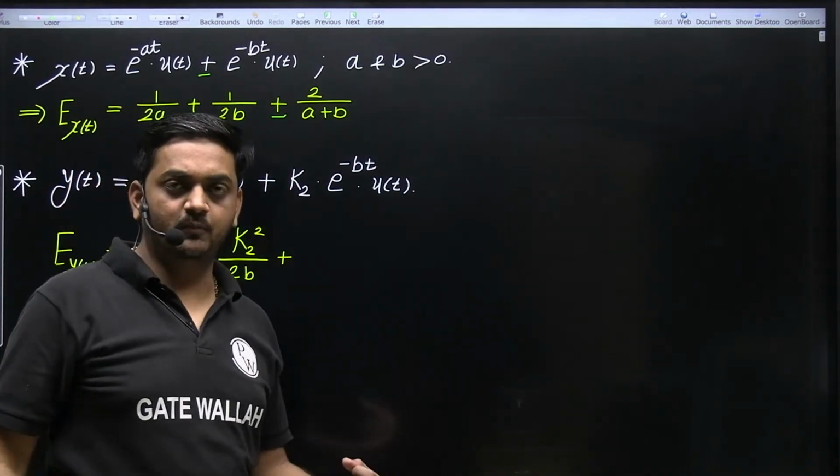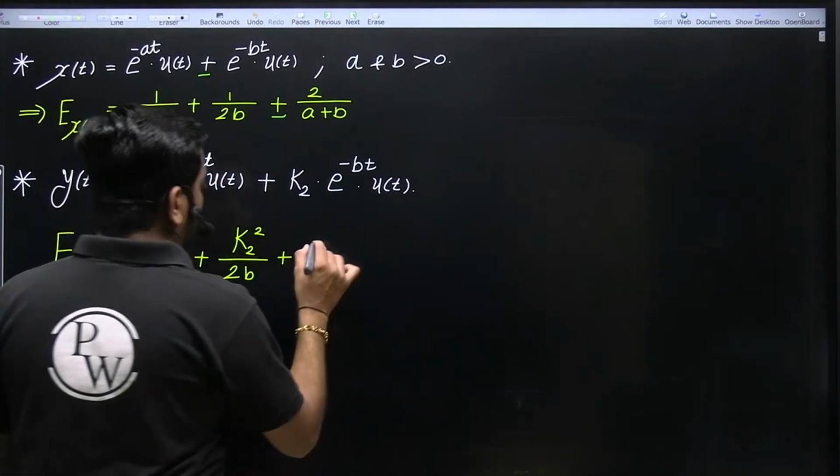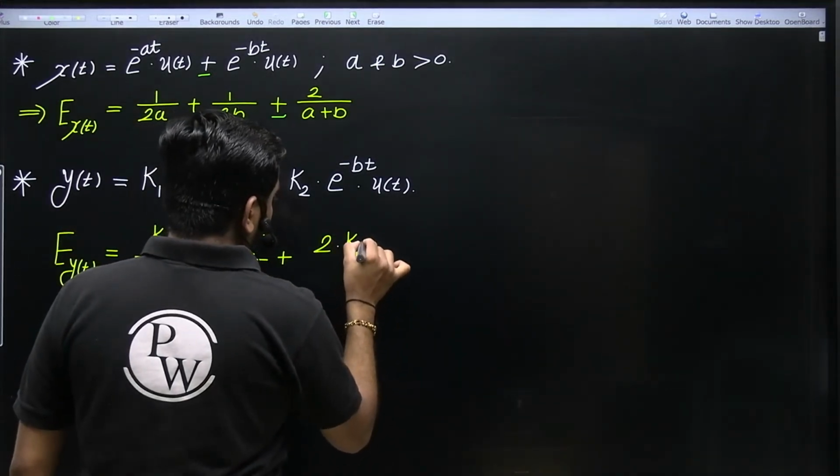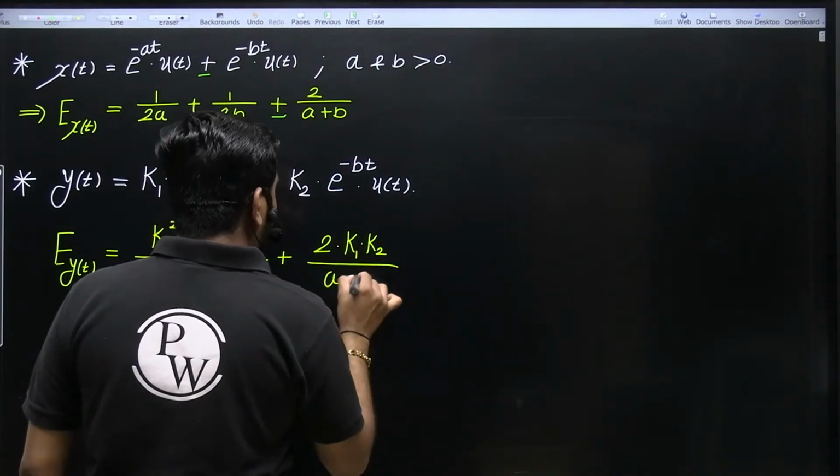In the third term, k1 into k2 will come into picture: 2 times k1 k2 upon a plus b.